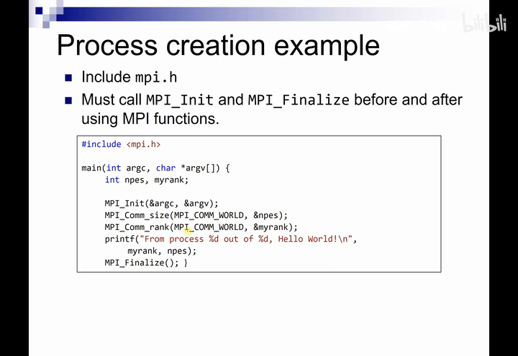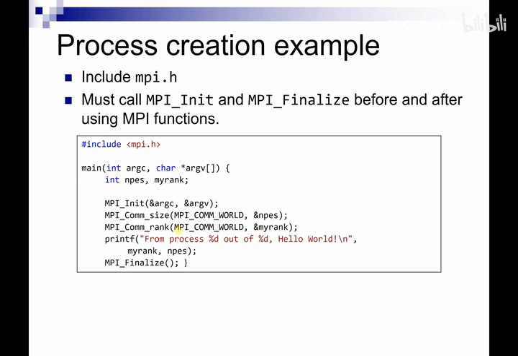And now MPI comm rank, this is going to tell you, so remember that we're running this program on multiple processes, so each process, when it calls this function, is going to get that process's own rank. So if you call this with 8 processes, and if I'm process number 5, then my rank is going to become 5 over here.